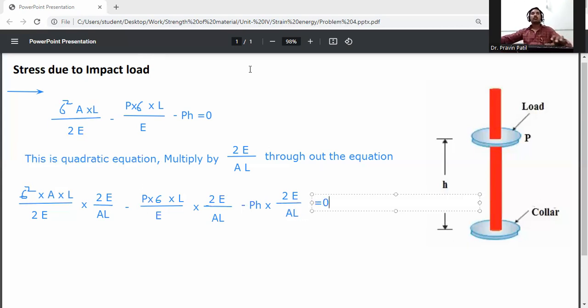So simplify this quadratic equation. This 2E and this 2E will get cancelled. This AL will get cancelled. In this equation, this E and this E will get cancelled. This L and this L will get cancelled.